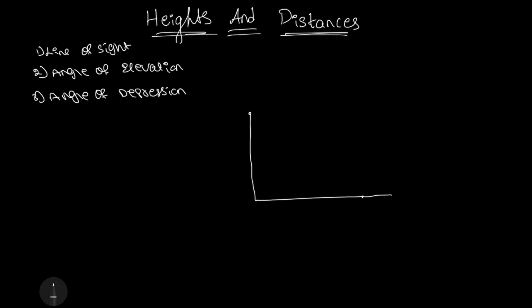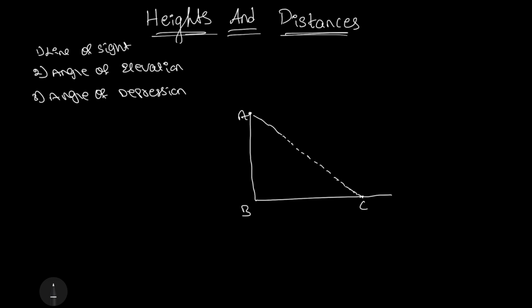Here consider these 3 points A, B and C. And whenever we want to see any object which is placed at higher level to our eye level, we'll be seeing like this. In this way we'll be seeing an object or any kind of tower, building, tree, whatever it may be.